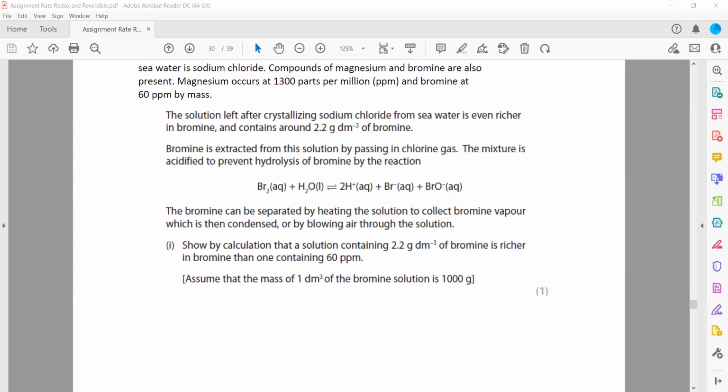It can be mole per dm cube or it can be parts per million as well. So if we have a concentration of 2.2 gram per dm cube, it means 2.2 gram per dm cube or 1000 cm cube.